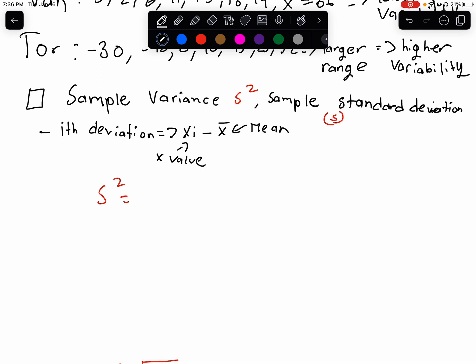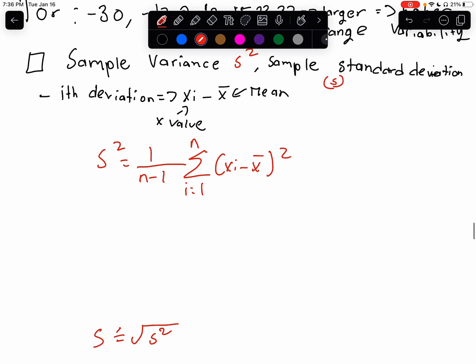So to write this formula, we're going to write out, remember, all formulas in red. So the formula for S squared equals 1 over n minus 1 with the sum of all values of n, i equals 1, of xi minus x mean squared.